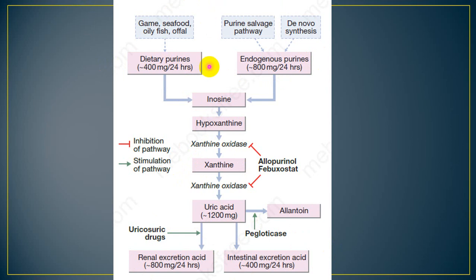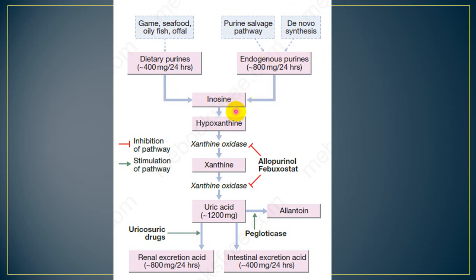The main source of uric acid comes from either dietary intake, which is responsible for approximately 400 mg a day, and endogenous production of purine, which is about 800, meaning 1/3 of uric acid comes from eating or intake, 2/3 is endogenously produced by the body.